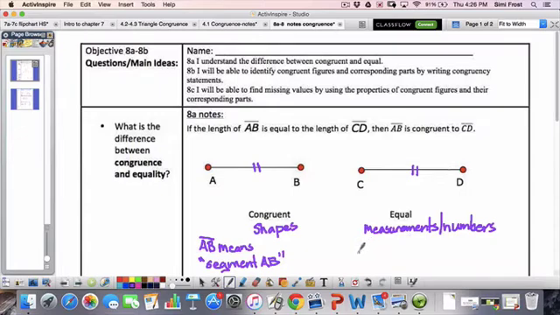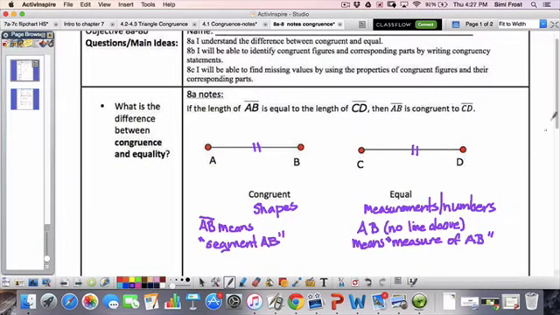Over here, if we have AB without the line, and for some reason this is really confusing, or a lot of people miss it, if you ever see AB without a line, what that really is saying is measure of AB. So AB without the line, I'll put in parentheses, no line above, just so you can tell the difference quickly when you look at your notes. No line above means measure of AB.